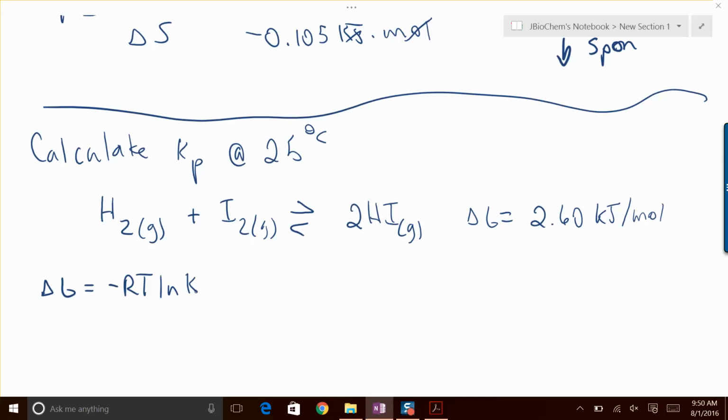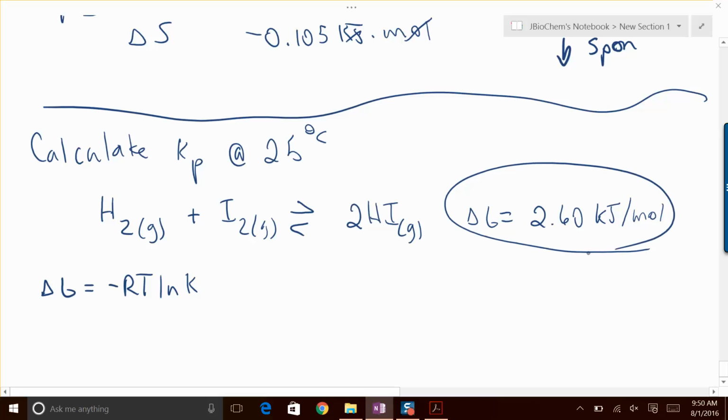Do we know what R is? Yes. Why do we want to use 8.314 and not 0.0821? That's right. So does that help you see something about the units here?